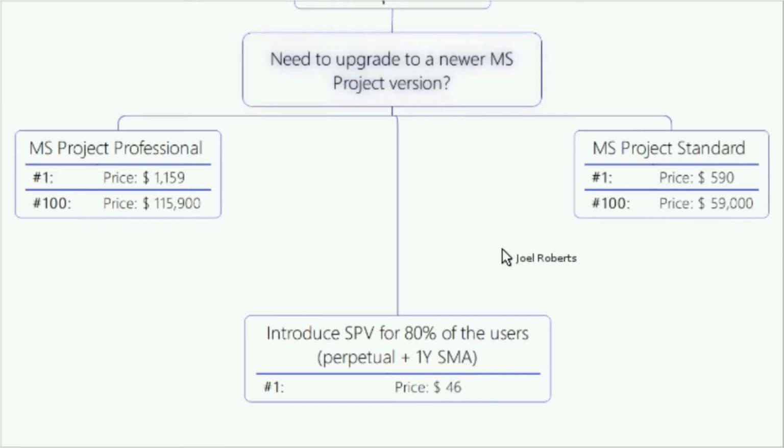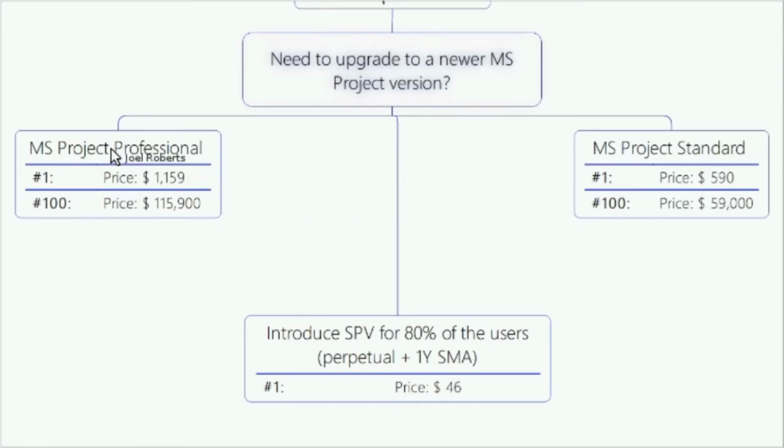The first one is Microsoft Project Professional. We have taken an example with their list price on their website. So these are just examples and sample calculations, just so that we can show you how everything looks pricing wise.